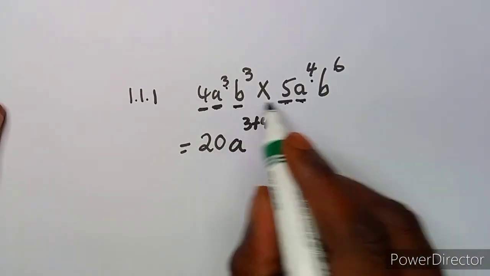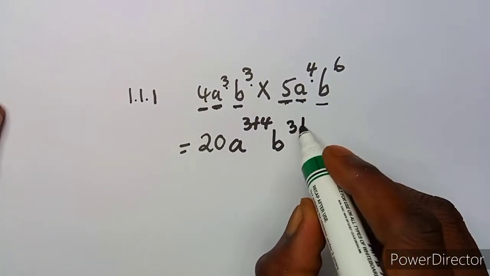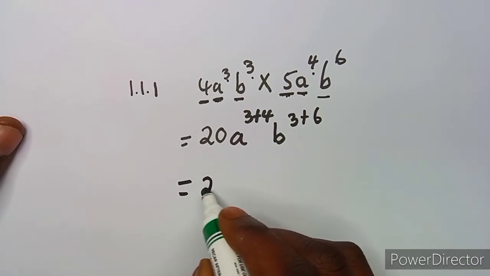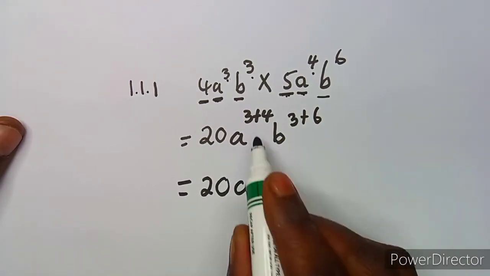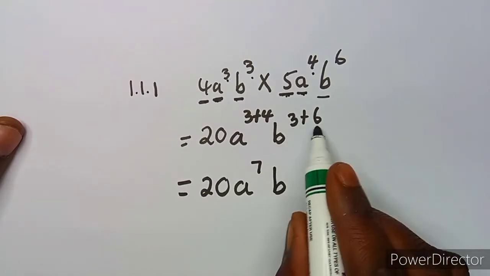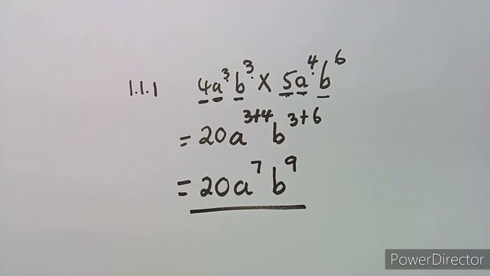You've got b and b, you're going to add 3 and 6, so it's 3 plus 6. So you're going to obtain 20a to the exponent of 3 plus 4, which is 7, b to the exponent of 3 plus 6, which is 9. All right, so this is what we are going to have: 20a to the exponent of 7, b to the exponent of 9. So that is to simplify there.